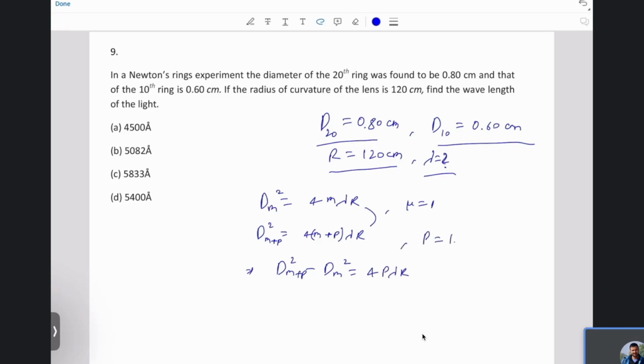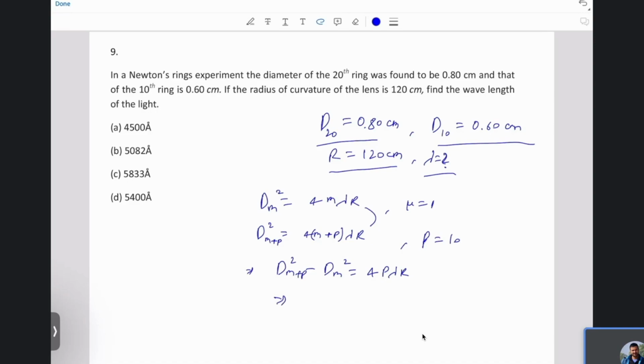P here is 10, right? Because m is, suppose, the 10th ring, and the other diameter is given of the 20th. So the difference between them is 10. So that's your p.